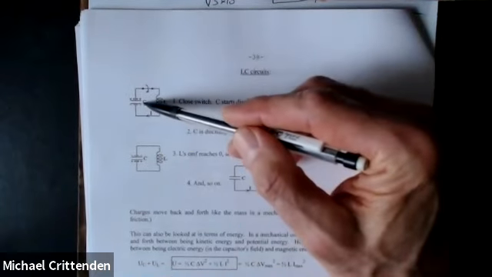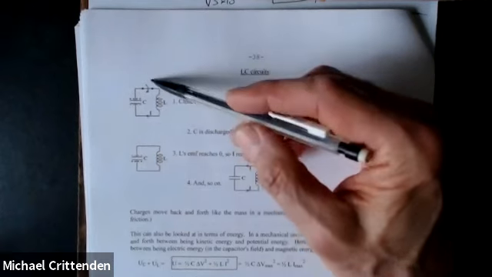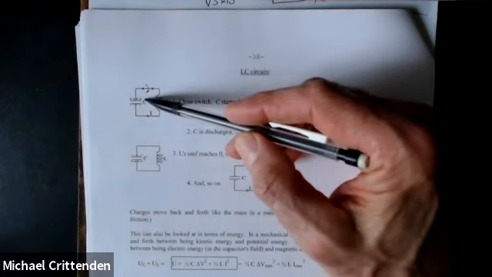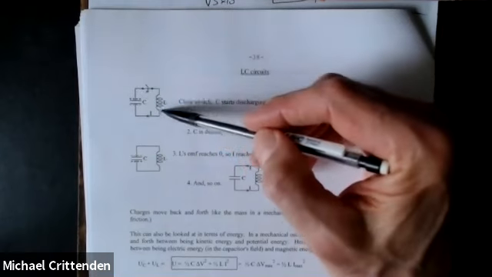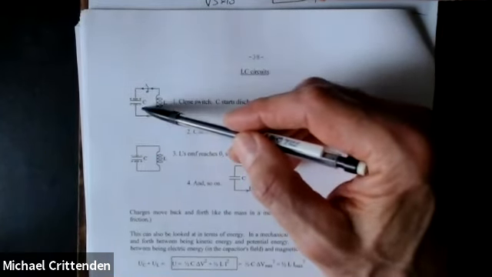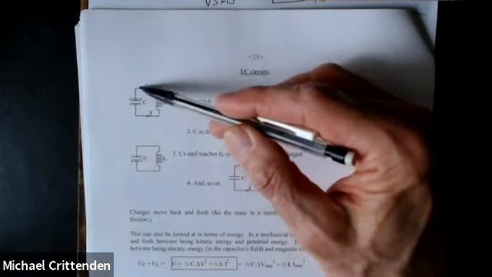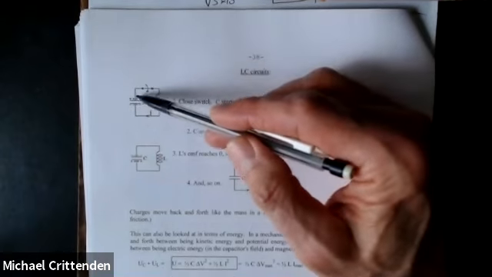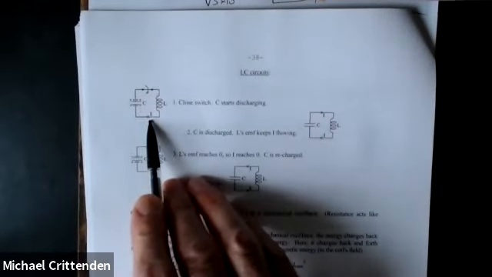So the capacitor's sitting there all charged up, nothing much going on. And at t equals 0, somebody walks up and closes the switch. The charge then is provided with a path where the pluses can get together with the minuses, which is, of course, what they like to do. So a current will be flowing. If you're thinking in terms of conventional positive current, a current will be flowing from plus to minus, like that little tiny arrow that I drew right there.